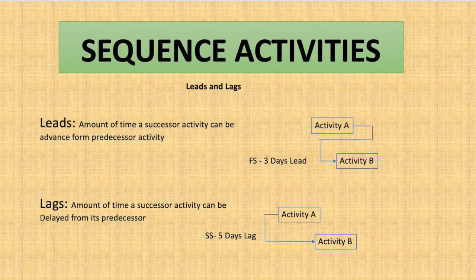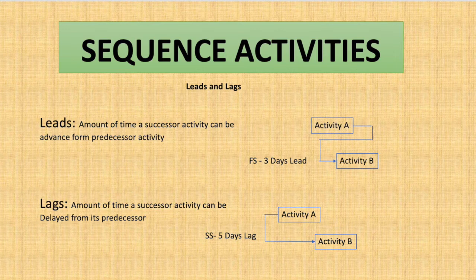Lag is the amount of time a successor activity can be delayed from its predecessor activity. We have a predecessor activity and a successor activity, and they will start together with a 5 days difference. Here is an example. We have to paint 10 walls with a double coat.